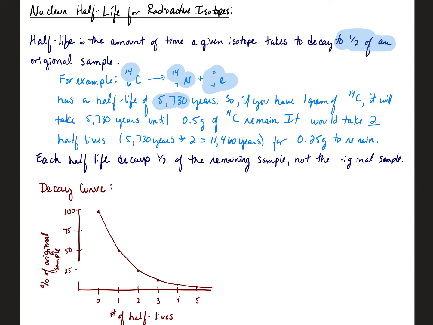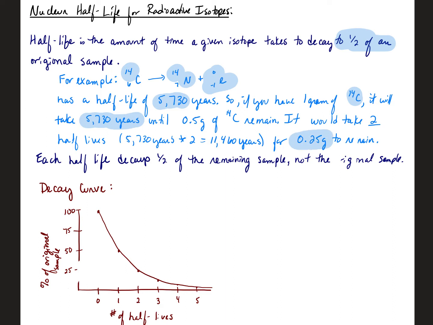So that means that if you start off with 1 gram of carbon-14, it's going to take one half-life, 5,730 years, until 0.5 gram of that carbon-14 remains. And then it takes another half-life for there to be 0.25 grams remaining.